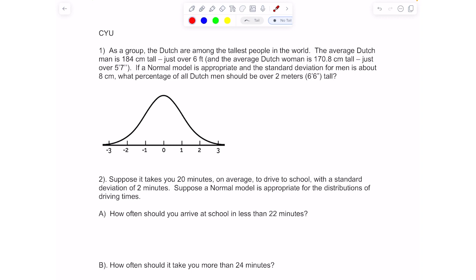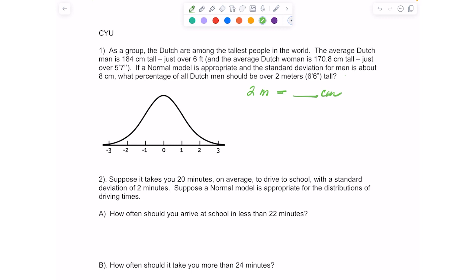Okay, so the first thing I notice here is we have all different labels. We've got meters, feet, centimeters. We need to get a consistent label going on here. So I'm going to take 2 meters and convert that to centimeters because everything else is in centimeters. How do I do that? Well, I just need to know that there's 100 centimeters in 1 meter.